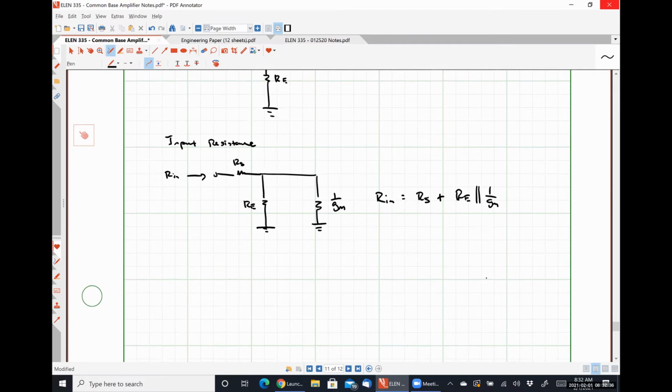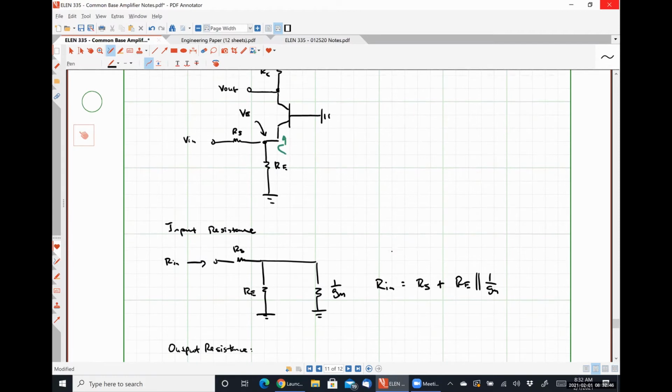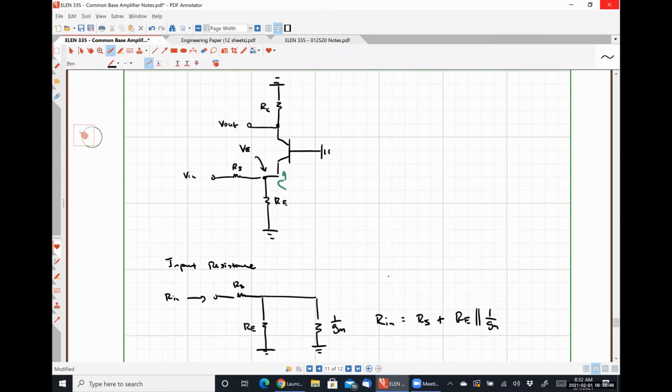For our output resistance, we would see when we short out Vn that RS and RE are simply in parallel.